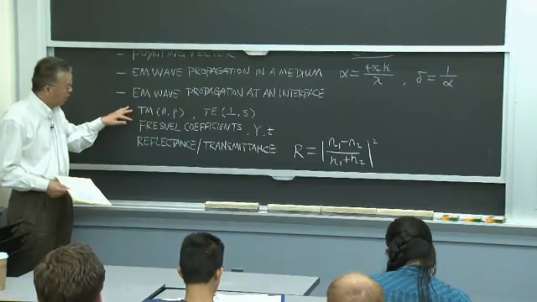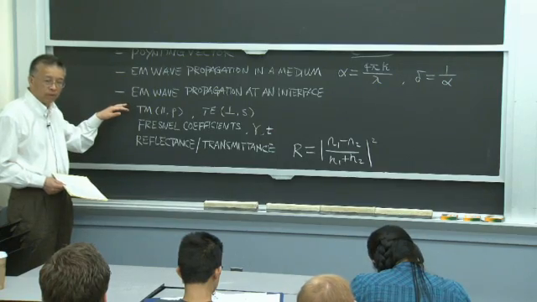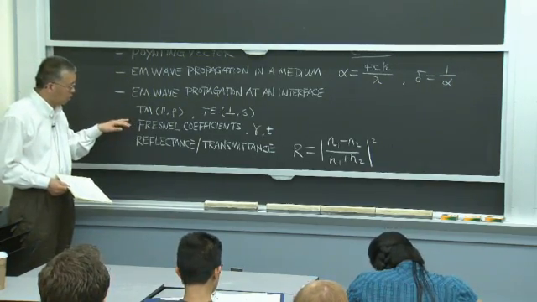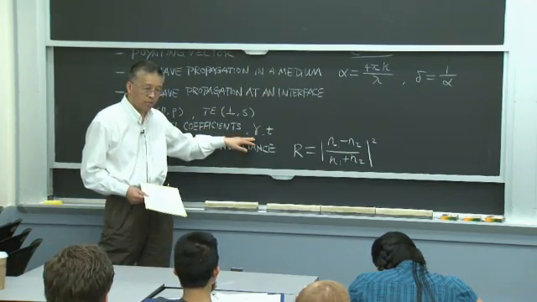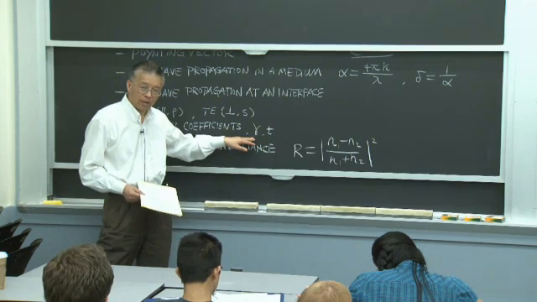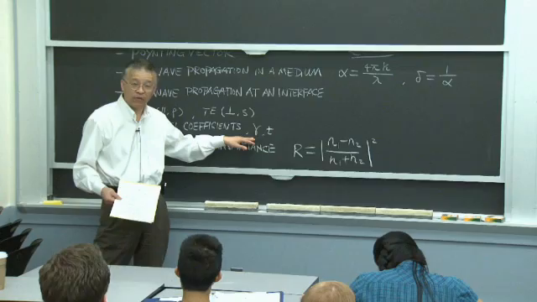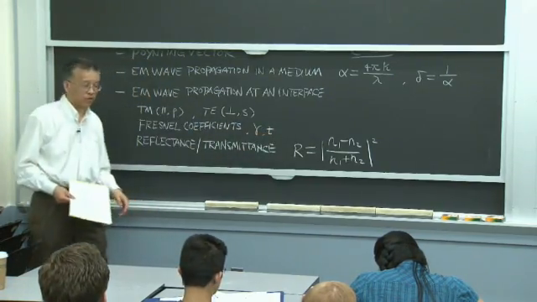Based on the boundary conditions derived from the Maxwell equations, we can eventually write down the reflection coefficient. That's not reflectance, because it's the ratio of the reflected electric field. This is the field ratio: reflection coefficient and transmission coefficient.